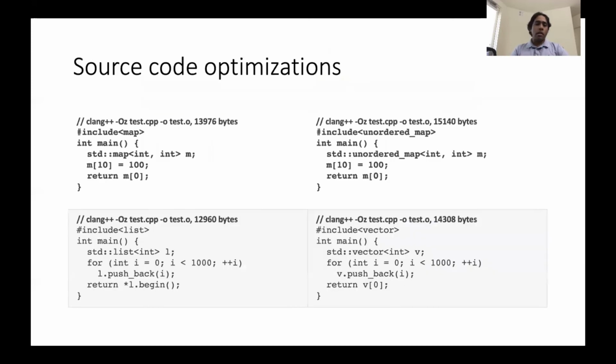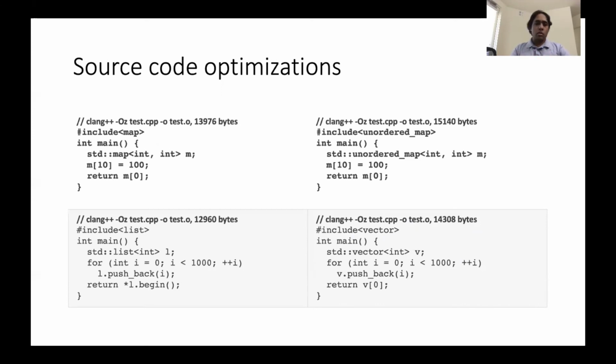And here are the numbers of map and list versus unordered map and vector. This is a very small program just to show the numbers. We have a map and we are assigning a variable and returning one member, just to not let the compiler delete everything.